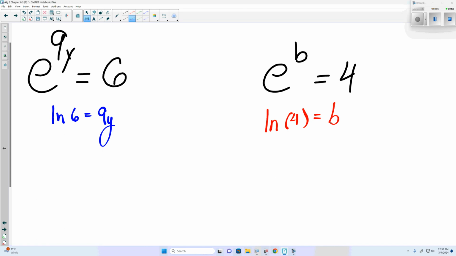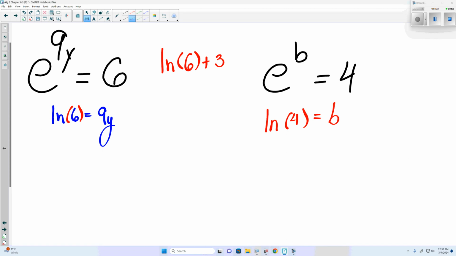Why did you put parentheses around the 4, not the 6? Well, you could. It doesn't matter here. Because ln of, say, 6 plus 3, without the parentheses, really means ln of 6, that quantity, plus 3.